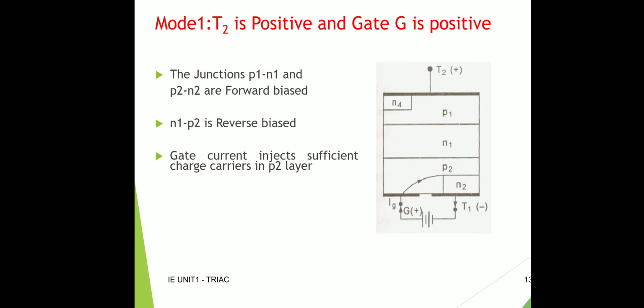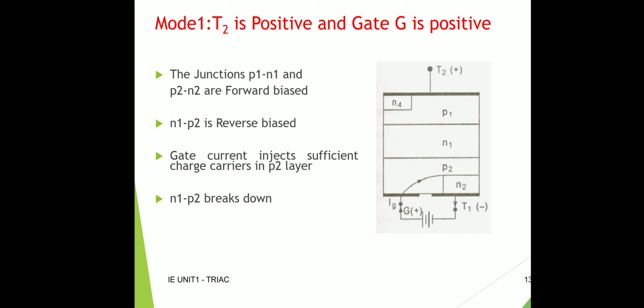The gate current injects sufficient charge carriers into the P2 layer. When this is forward biased, the electrons move from P2 to N2, injecting charge carriers into the P2 layer.